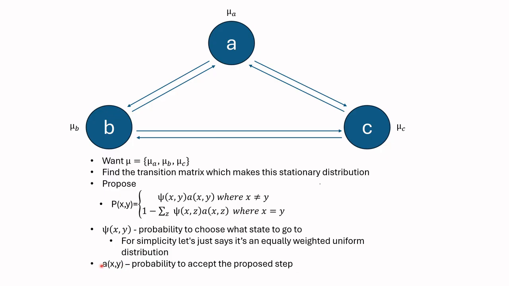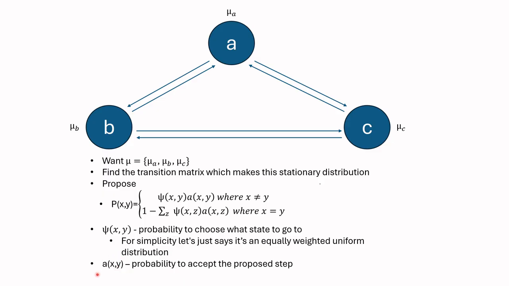And really what we're going to be concerned about is finding this acceptance. Basically, what we're going to do is find an A. And when we find that A, it's going to be an A such that it makes our transition matrix one that gives us the stationary distribution of our liking. So two things to remember. This is the probability to propose that you're going to jump somewhere.